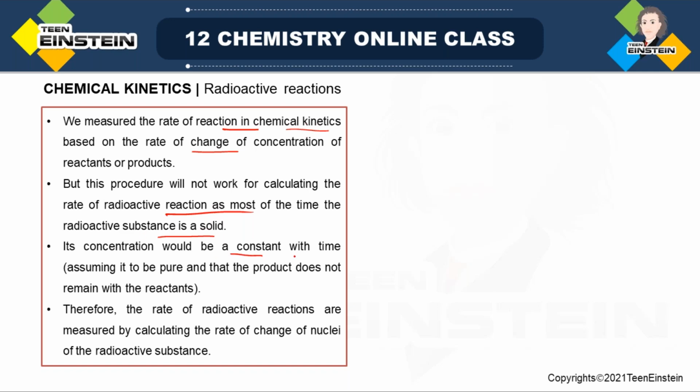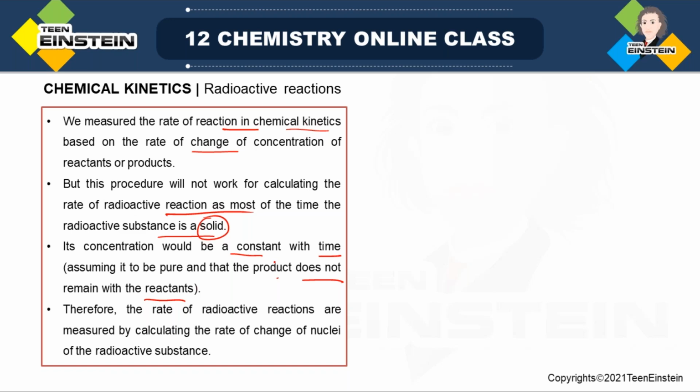Its concentration would be constant with time, because when it is solid, we consider the concentration as 1. That is the rule we follow, assuming it to be pure and that the product does not remain with the reactants. That means when you are considering the reactant, we can assume that there is no trace of product. It is purely only the starting material.